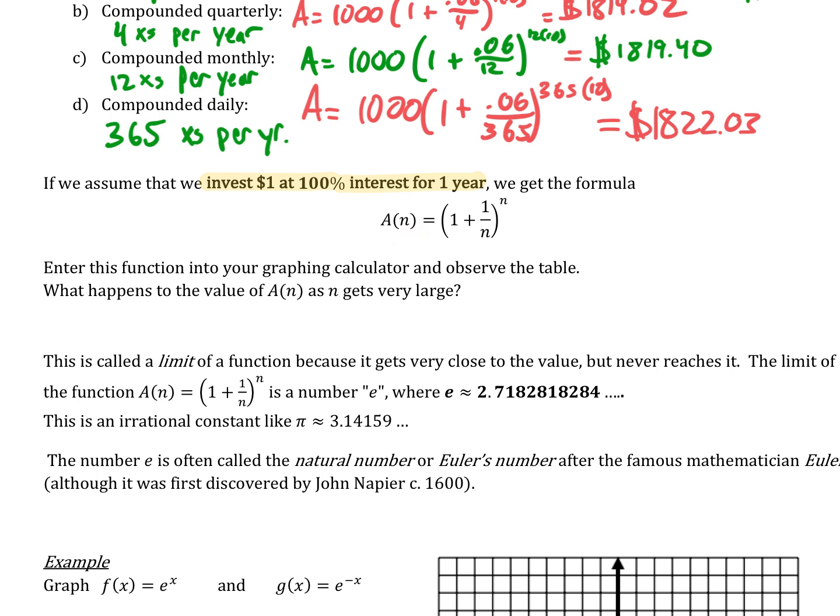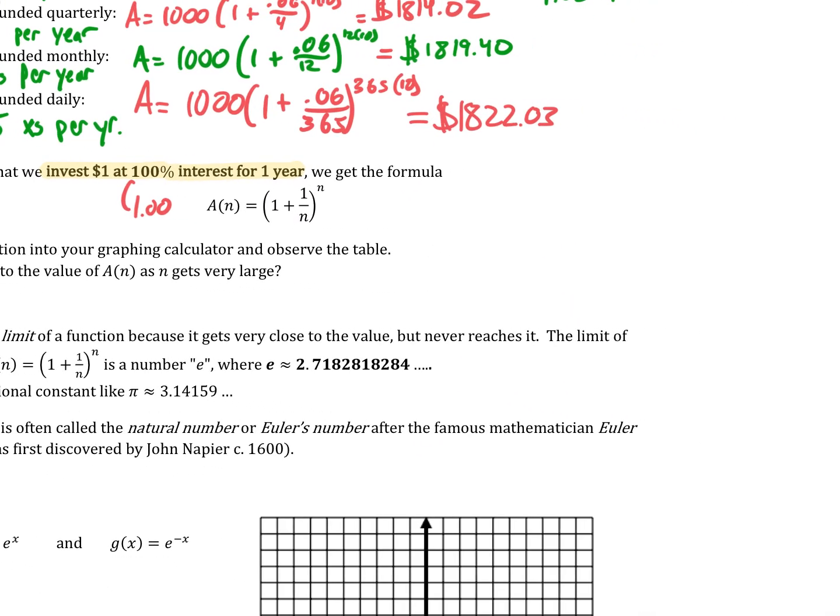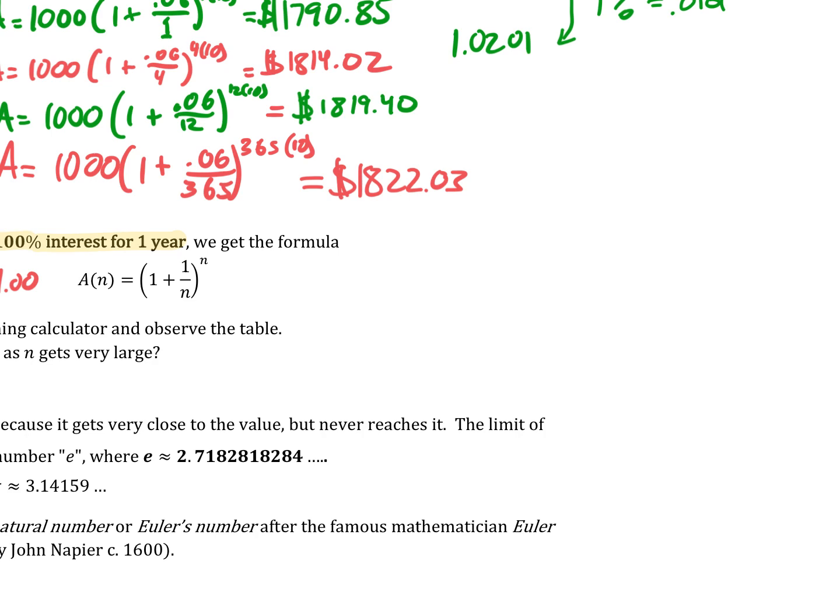We're going to put $1 in the bank, so our initial amount is 1, so we don't really need that number there. And we get 1 plus 100% interest, which is 1.00, which is 1. So our interest is 1 divided by n, the number of times compounded, to the nth power. Okay? So this one's worth cranking out.